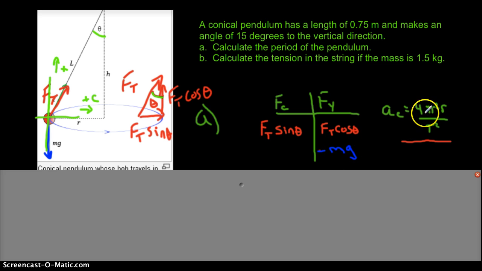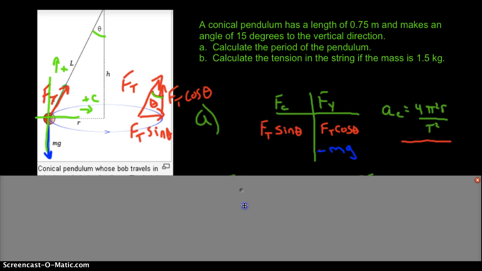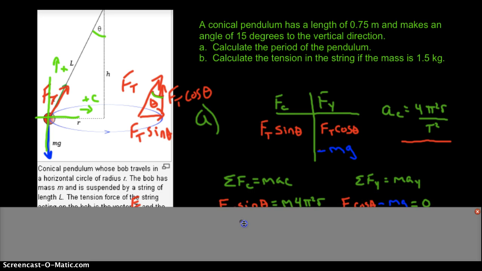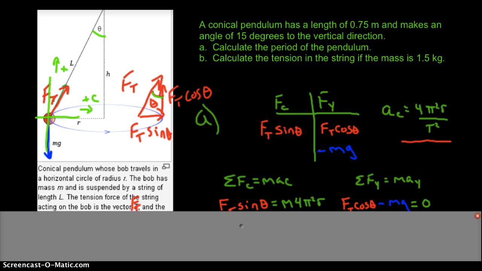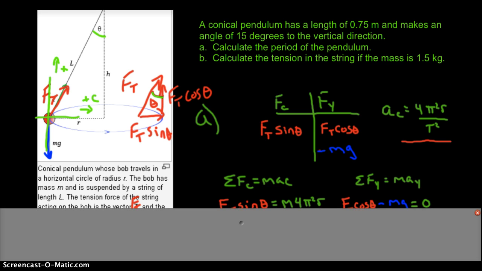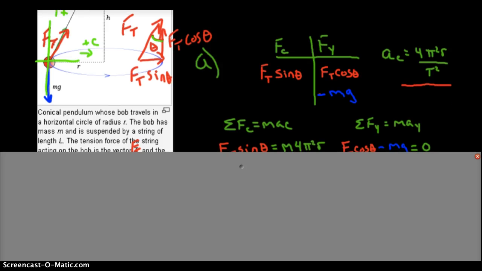Okay, the centripetal acceleration: since we want the period of the pendulum, the best one to use would be 4 pi squared r over T squared, to make things the least amount of work. Then we're just going to set up our F equals ma equations like we're used to doing, one for the centripetal direction and one for the y direction.